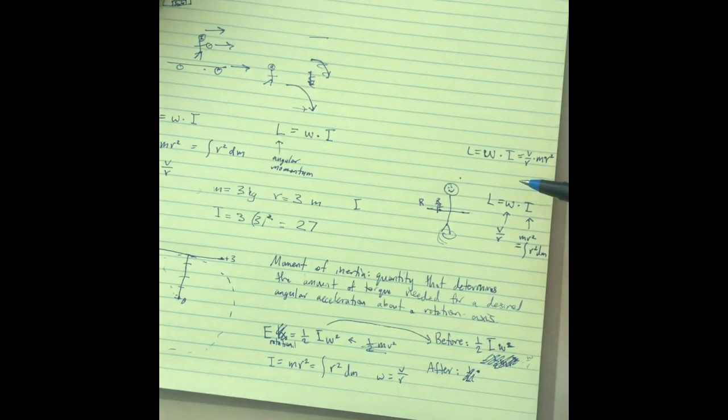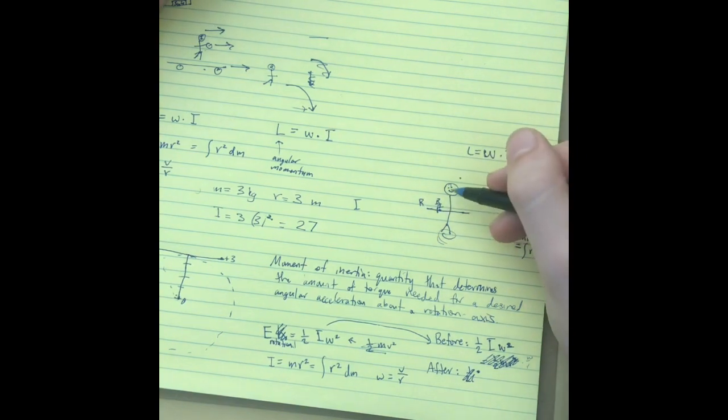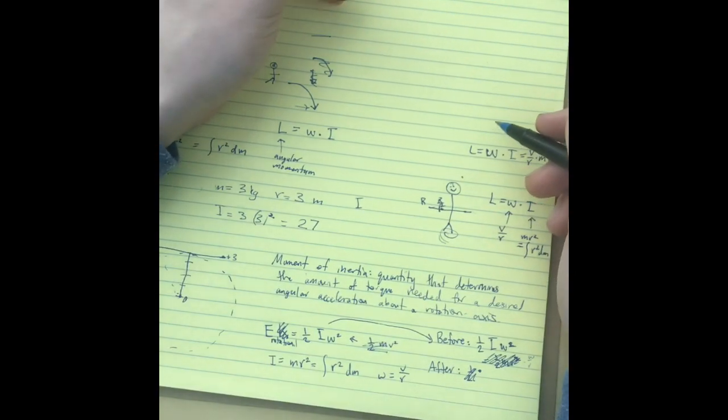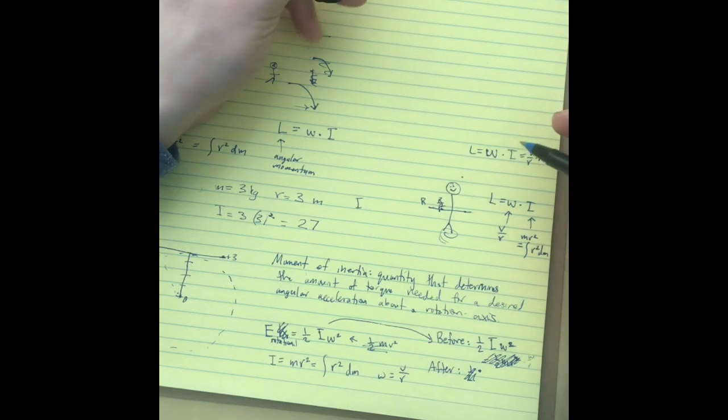So if the skater brings in their arms to half of their initial radius, what the conservation of angular momentum says is that they're going to spin even faster because the moment of inertia is reduced.